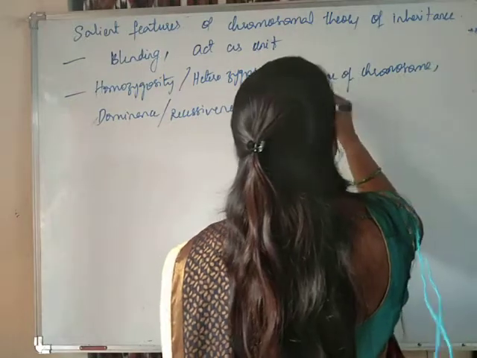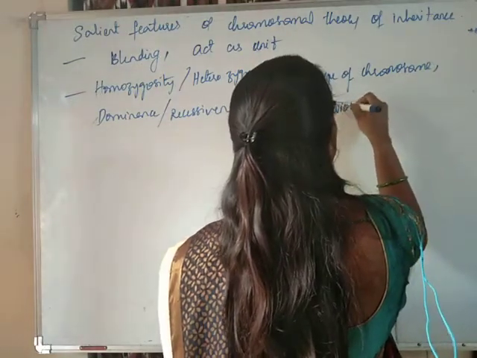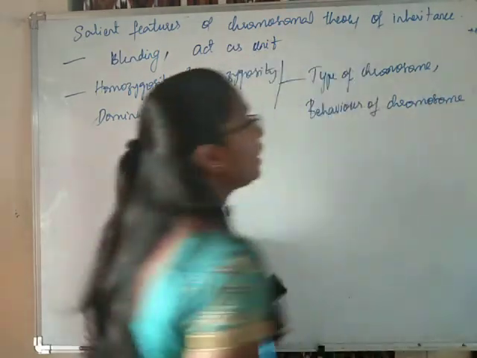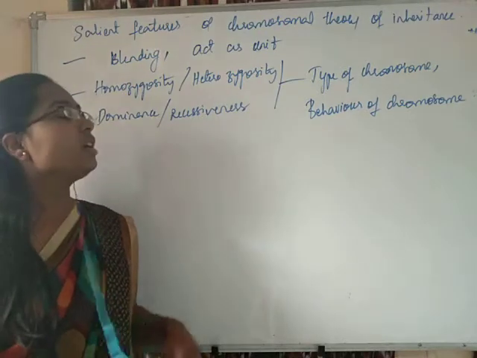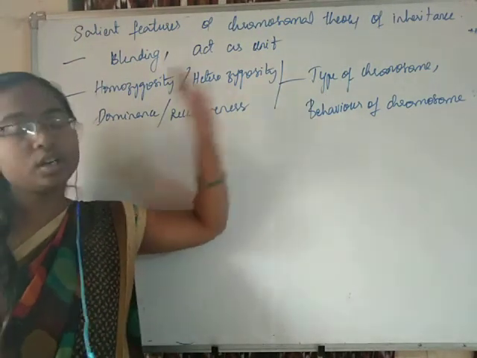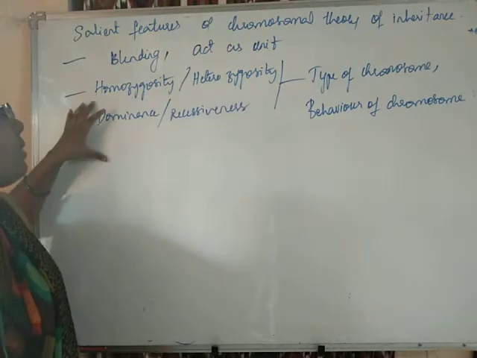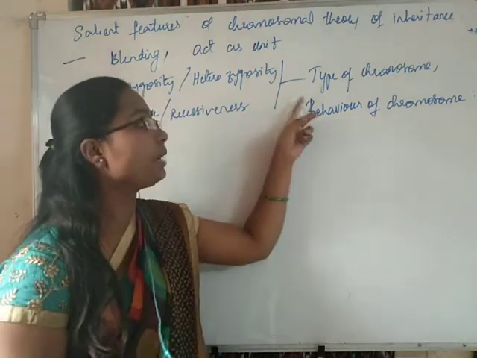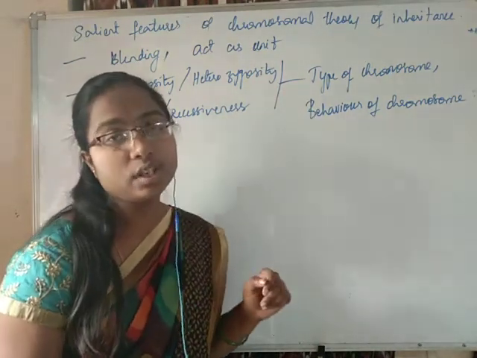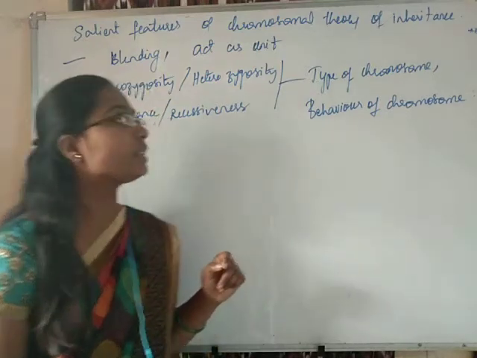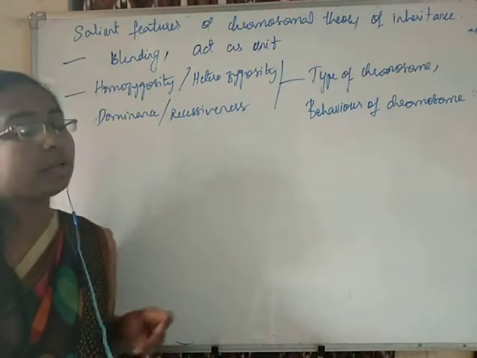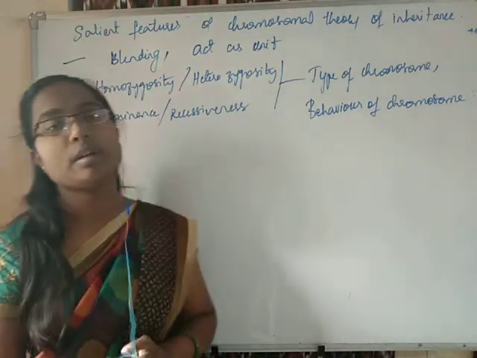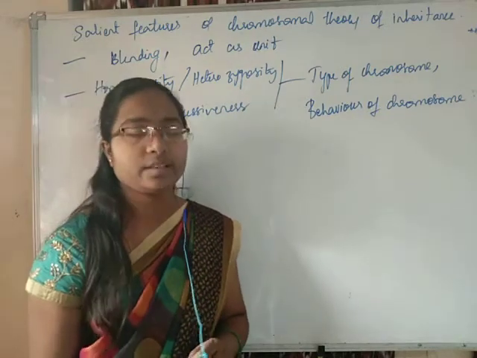So homozygosity or heterozygosity, dominance or recessiveness, will depend on the type and behavior of the chromosome. These are some of the salient features explained according to the chromosomal theory of inheritance. With this we finished learning about the chromosomal theory of inheritance.